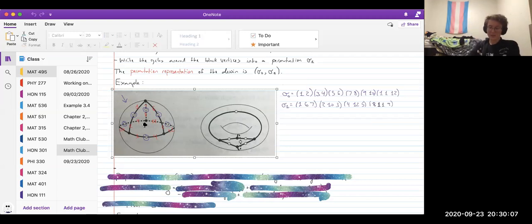Okay, and I'm just going to specify that this is for the sphere. This isn't every dessine. I'm going to call this D1 and this one D2. So this is for D1.